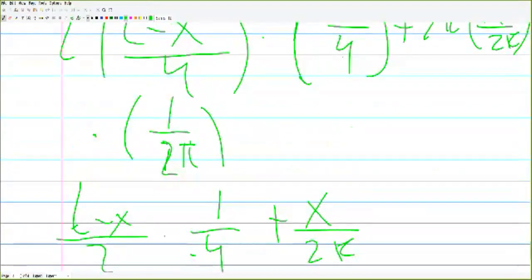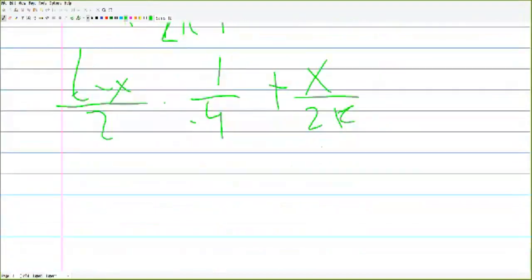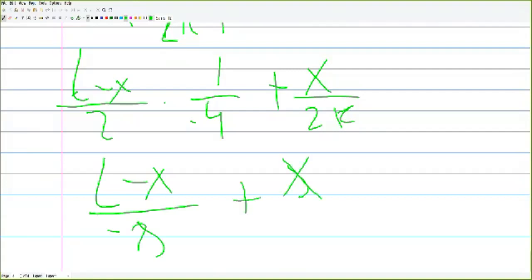L minus x over 2 p times L minus x. So now it is L minus x over 8 plus x over 2 pi.